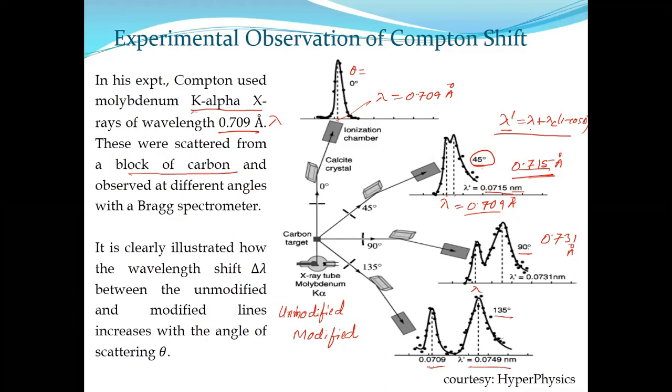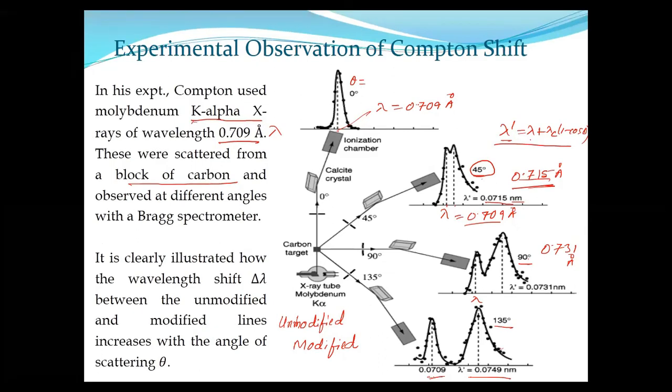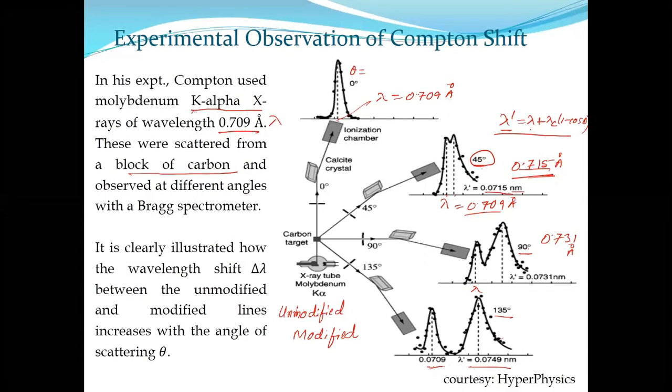Is it possible? No. What you can do is take a very small portion of the carbon material, but whatever small portion you take, it will consist of several atoms, several electrons. So you cannot actually isolate it. You are not isolating a single electron.